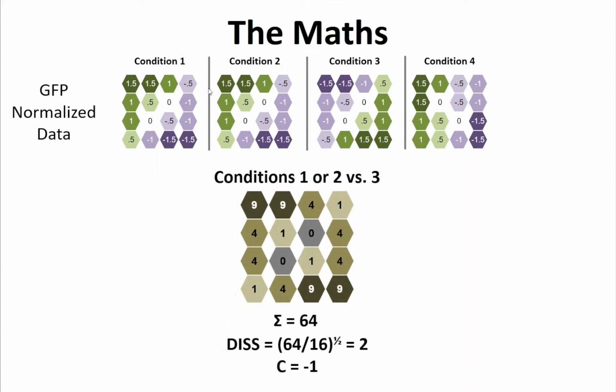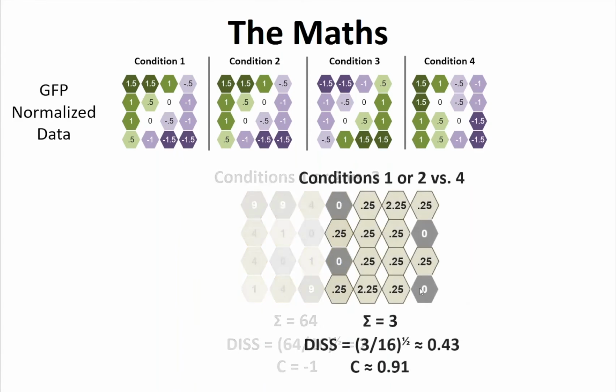If we were to do the same thing now, either between condition 1 and 3 or between condition 2 and 3, what we start getting is the other extreme. These are inverted versus each other. The sum of these differences squared is 64. 64 divided by 16 is 4. The square root of that is 2, and the spatial correlation would be -1. That is, they're inverted relative to each other.